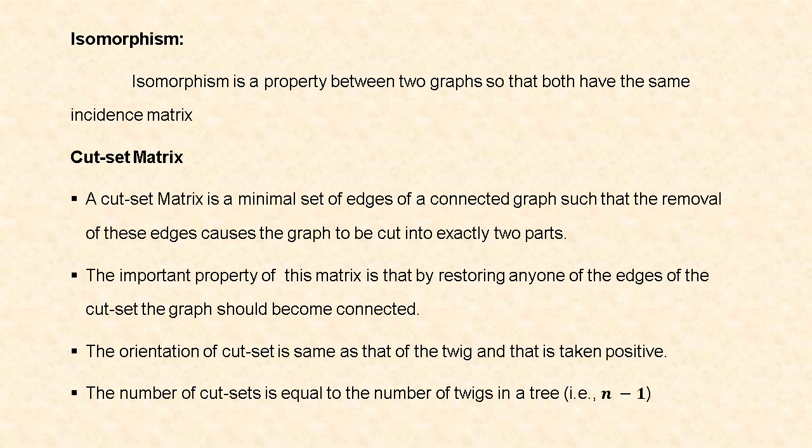The orientation of the cut-set is same as that of the twig and that direction is taken as positive. The number of cuts is equal to the number of twigs in the tree, that is branches of the tree, which is equal to n-1. N represents the nodes of the graph.